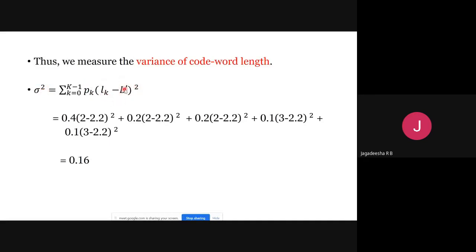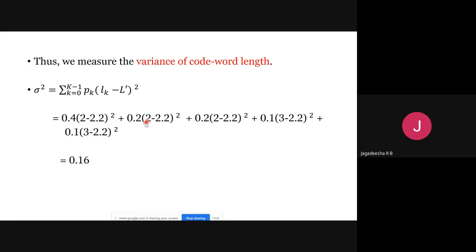Okay, so now we will use that here for this particular example. What is PK? PK is the probability of the first symbol, that is 0.4. And what is LK? Number of bits, that is 2 bits, 0, 0, right? Minus, what is L prime? That we have found in the previous slide. Average code word length is 2.2, right? Okay, square.